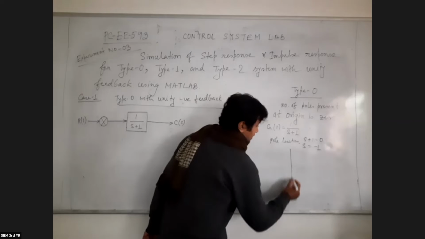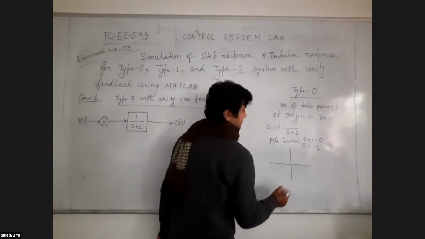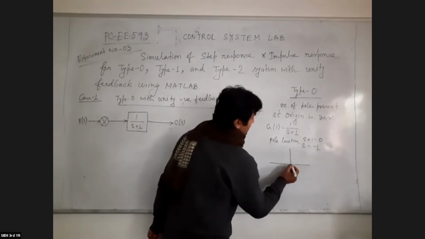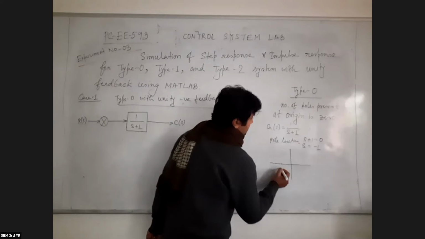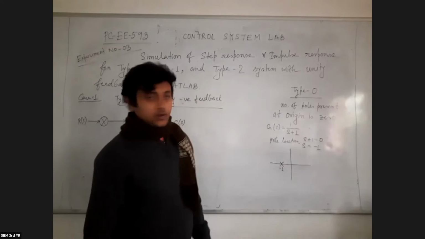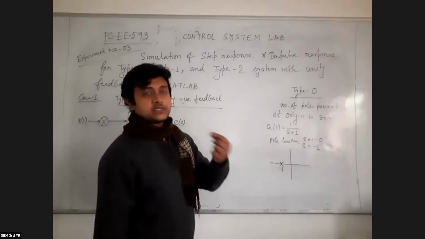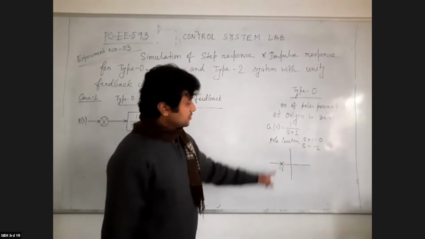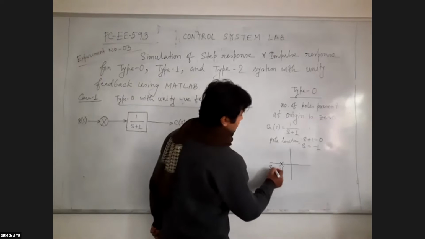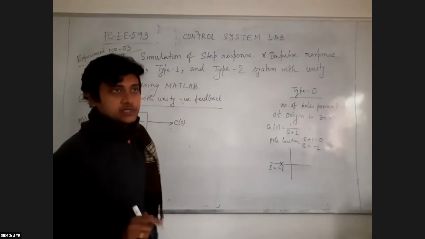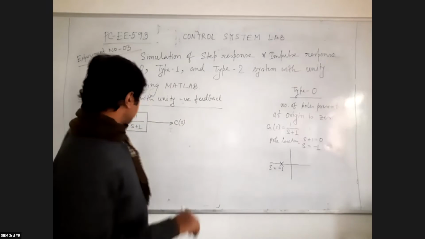If we simply take the pole-zero graph, you can see this position is -1. Here we have a pole, and this cross sign represents the pole. So at s equals -1 only one single pole is there, and no zero is present.